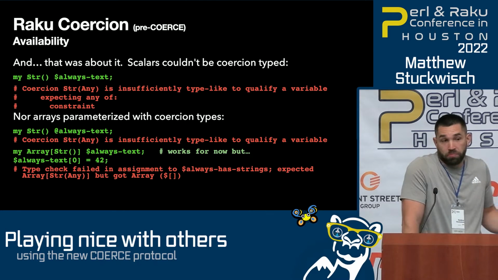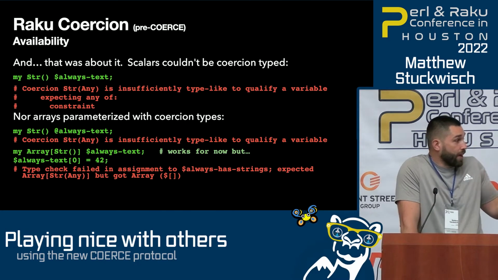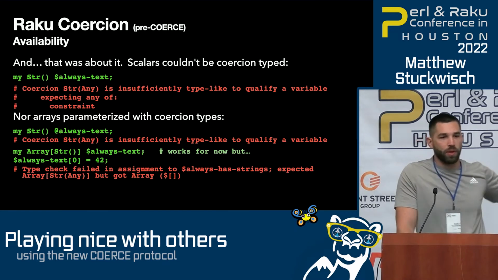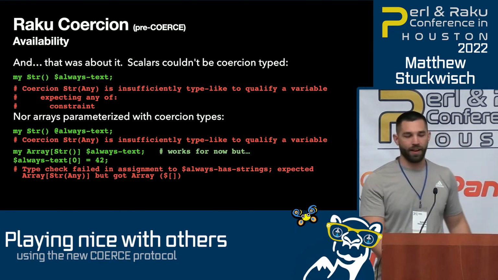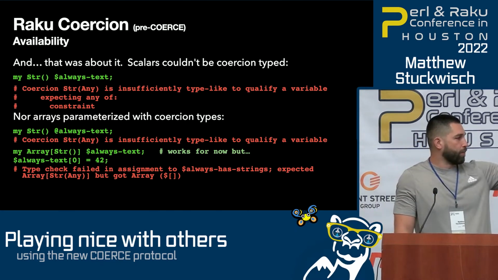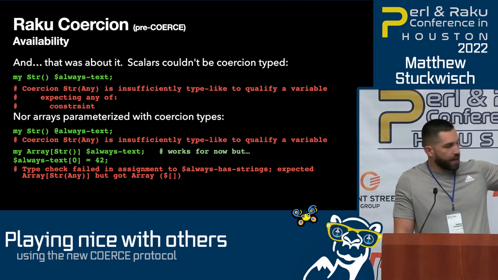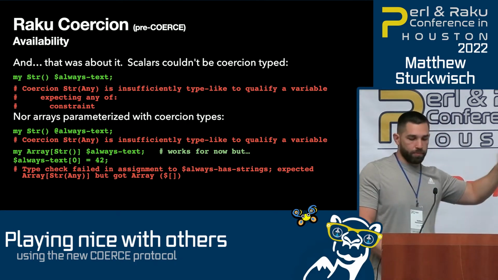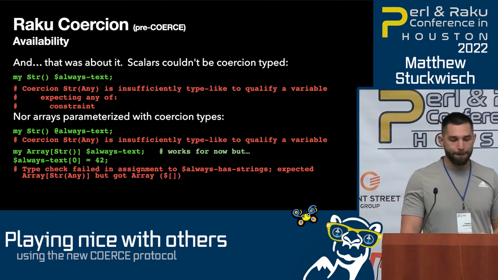And we also couldn't do this with arrays. And this is a really nice, useful one: I could say, oh, hey, I want this array to always contain strings, but I don't always want to pass it strings. And you notice, if I do this my string as with the @ sigil, it'll say, oh, same thing, insufficiently type-like.